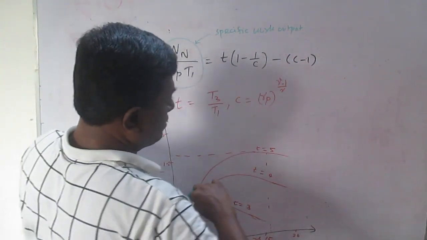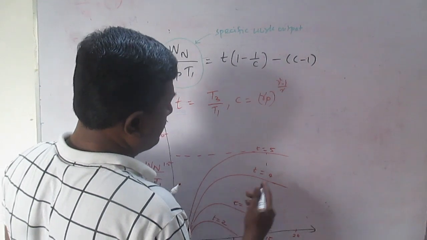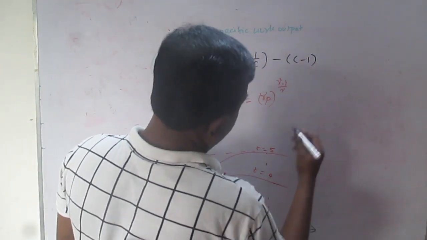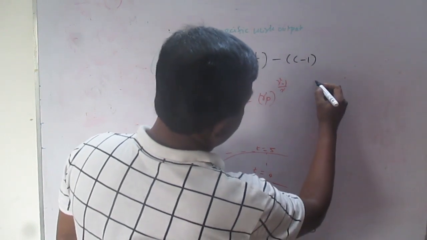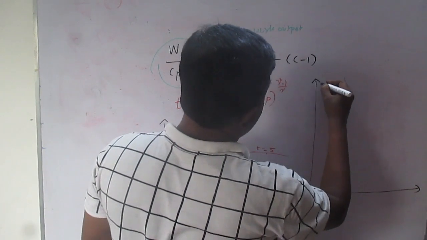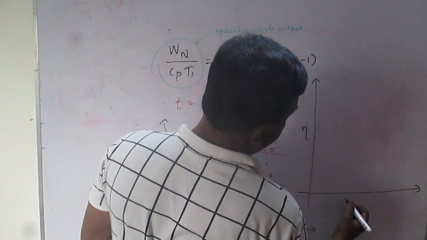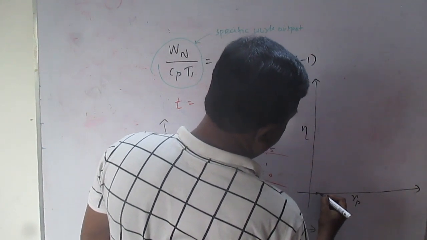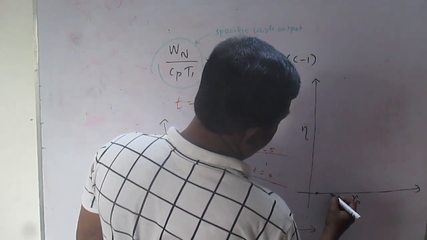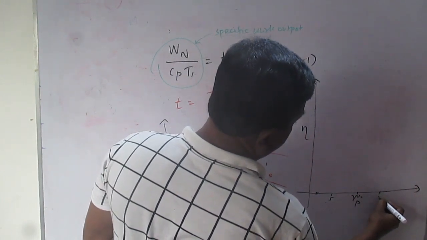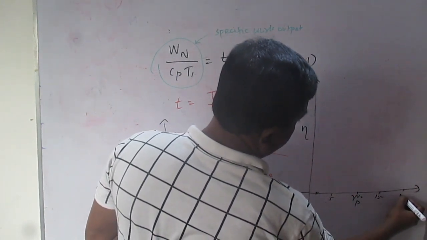Let us draw this graph. We have one more graph, where this axis is efficiency and this is Rp. Here also the starting point is 1, so Rp 1, and then 5, 10, 15 and 20, like this.